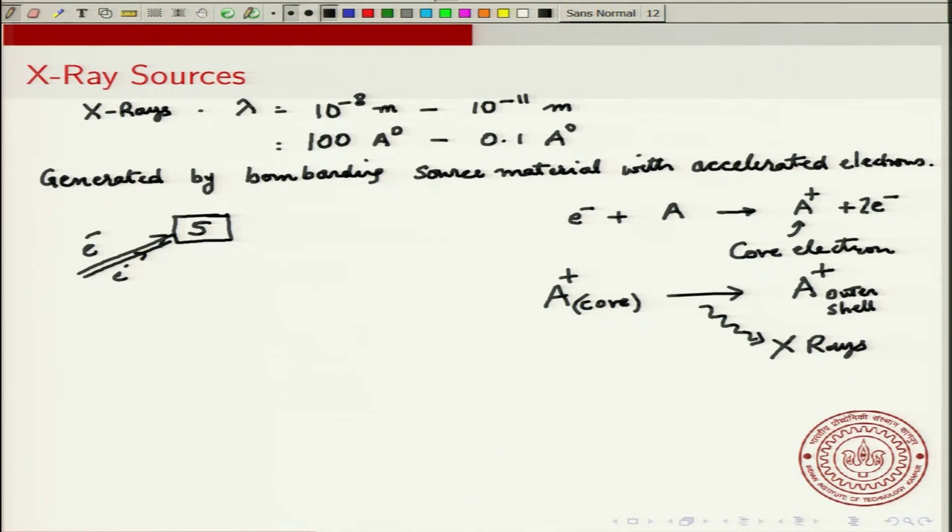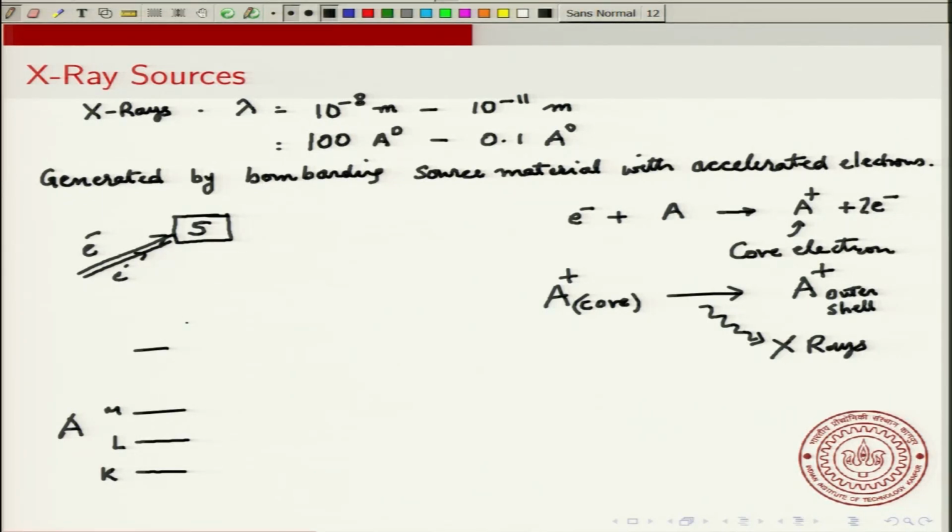In other words, if you look at the energy levels of A, you have the very low lying core shells. This is the K shell, maybe the L shell, and so on, and then you will have the valence electrons way up here.